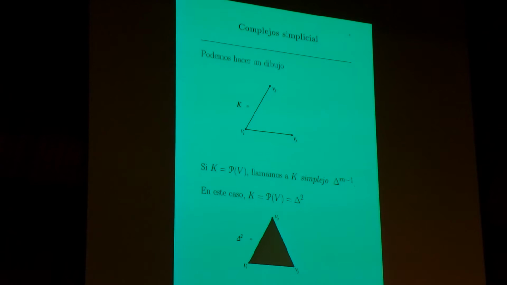Now, if the simplicial complex is the whole power set, the set of all subsets of the set, then the picture we get is completely filled in, because every edge is in the set, every vertex is in the set, and the whole triangle is in the set, V1, V2, and V3. And we call this special simplicial complex a simplex.